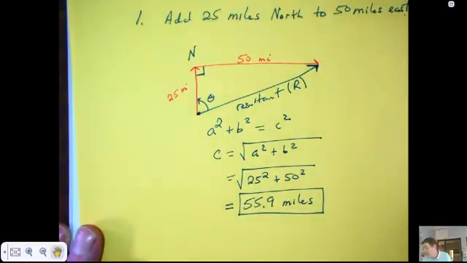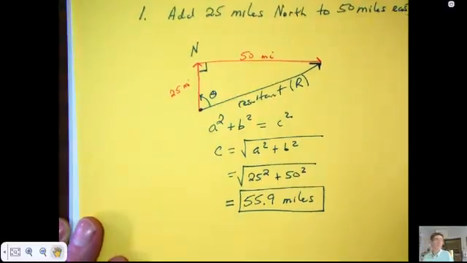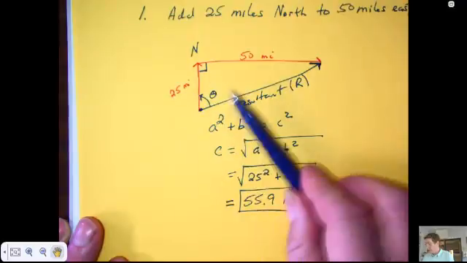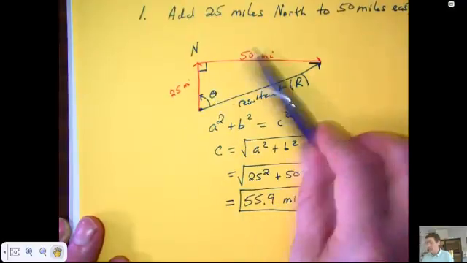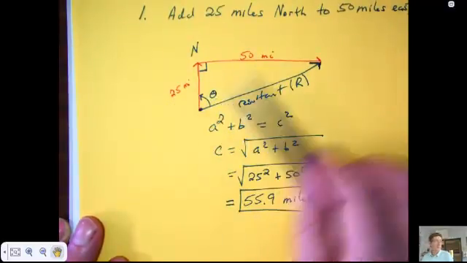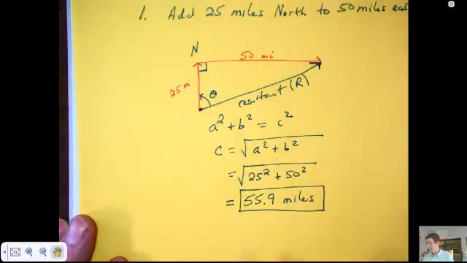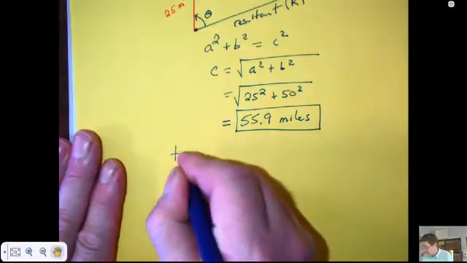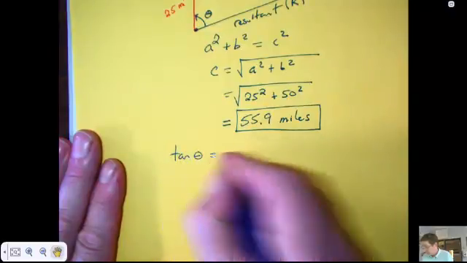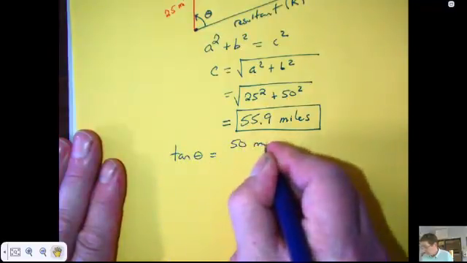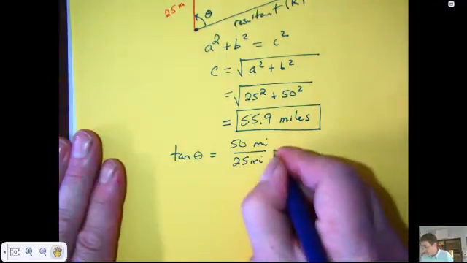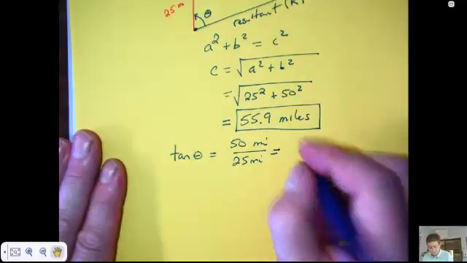So how can I find theta? What trig function do we call the opposite over the adjacent? It'll be tangent. In other words, the tangent of theta is 50 miles over 25 miles, which is equal to just 2.